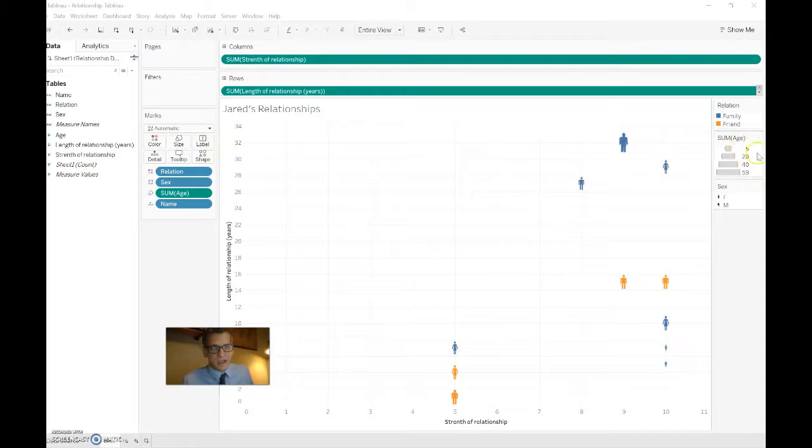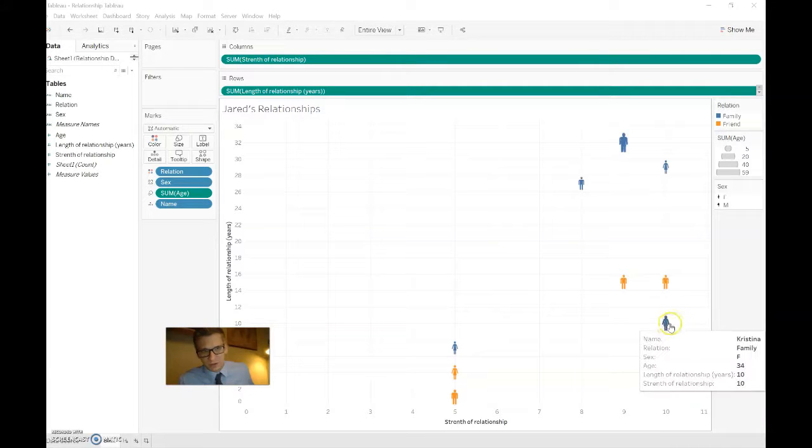And then for age, I wanted to do something with size, and I was torn between making the size the length or the strength of the relationship, but I eventually thought it would make more sense to do size for age. You can see here my two kiddos, 5 and 7.